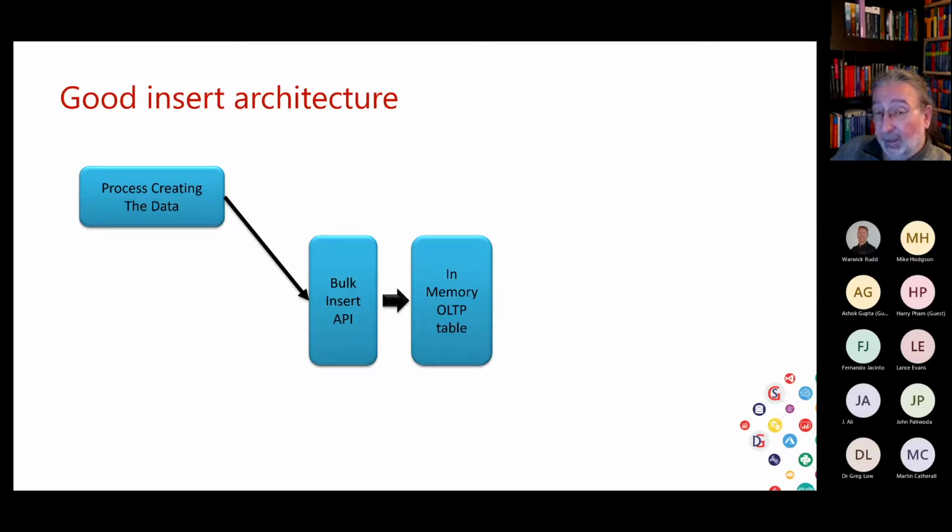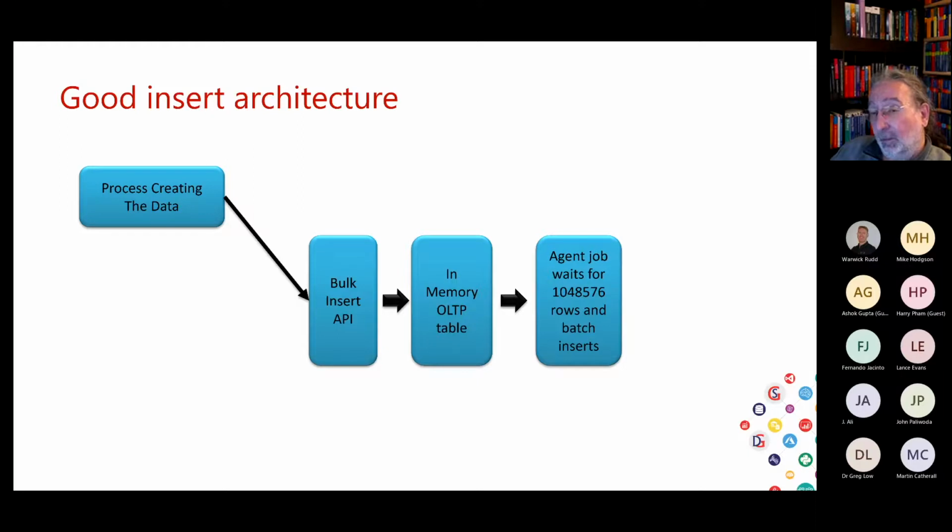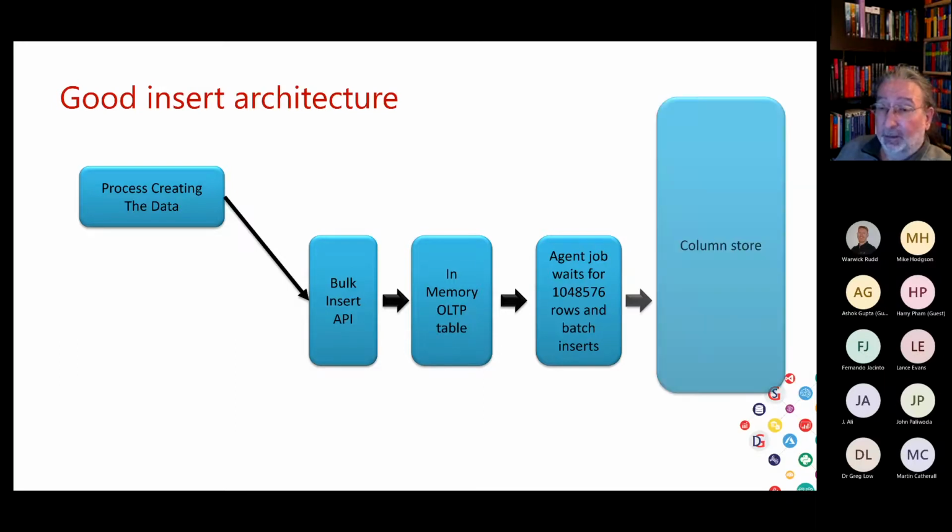Put the data somewhere in a traditional storage architecture that does not involve clustered column store, and then have a second process that runs as a SQL agent job, or you have your own job scheduling thing, it's fine, that waits for that number of rows, 1,048,576 rows, to be in that buffer table, and then reads that one out and batch inserts it in one go into the column store, and then keep on repeating that process.